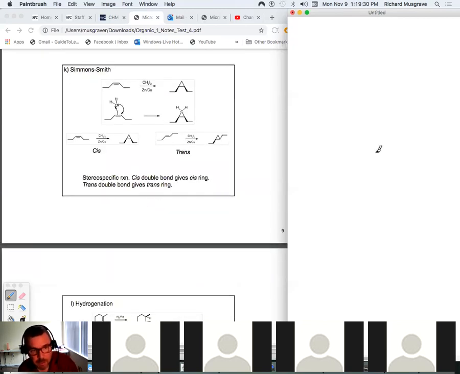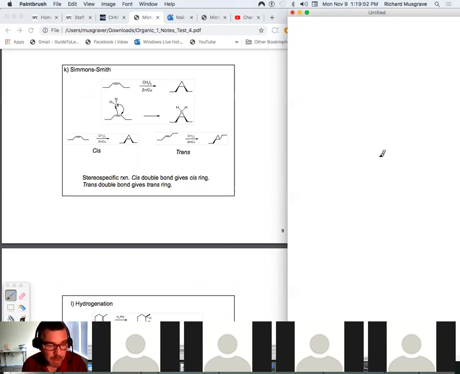Okay, the next one is called the Simmons-Smith reaction. The Simmons-Smith reaction allows us to take a C=C double bond and turn it into a cyclopropane type compound. It looks familiar to me. I mean, I think it looks a lot like epoxidation.